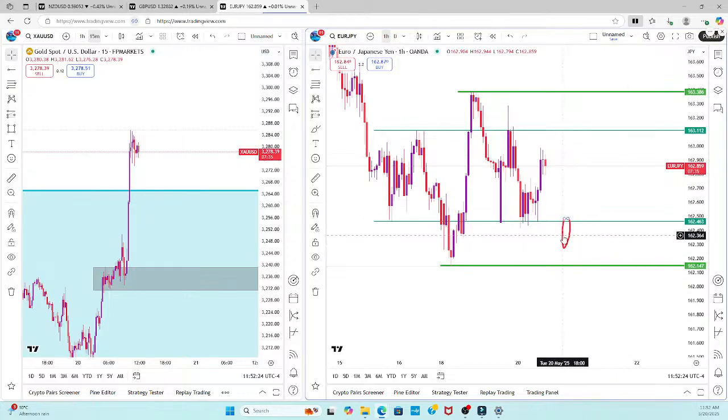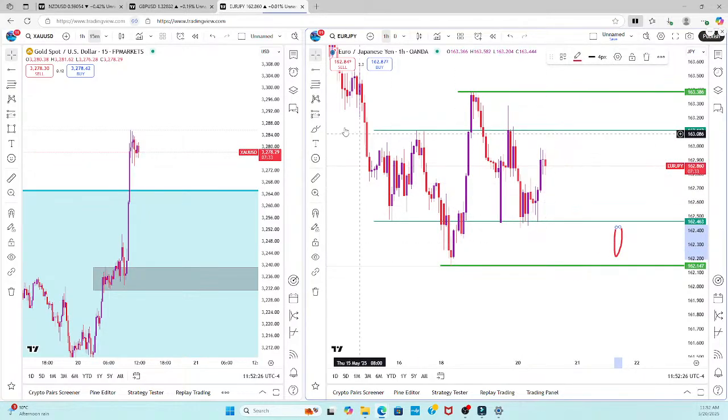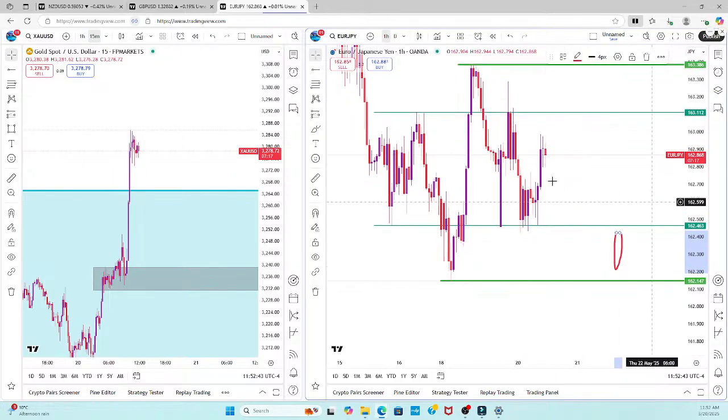As of right now, the best area to be looking for longs is sitting between 162.46 and 162.51. This is where you want to be looking for your longs.